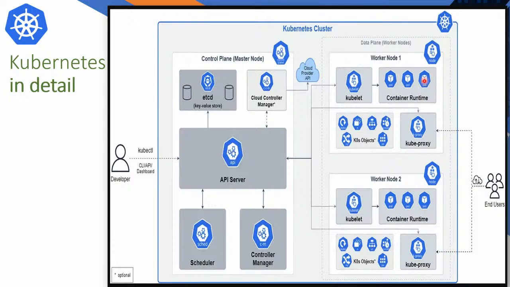Once this pod goes down, this information will come through the kube proxy and it will go down to the API server. API server will store that state information into the etcd, and etcd will pass this information to the scheduler through API server. Scheduler will go and replace this particular pod. Is that flow clear?